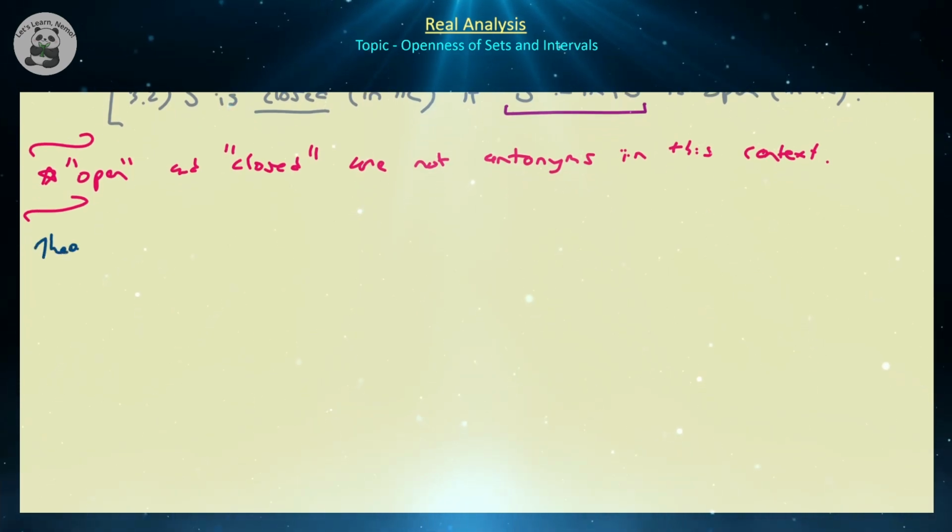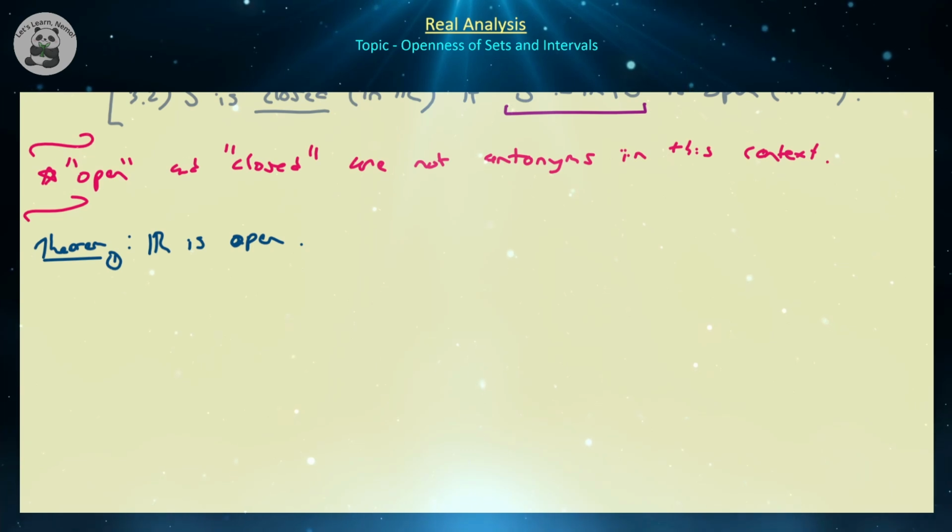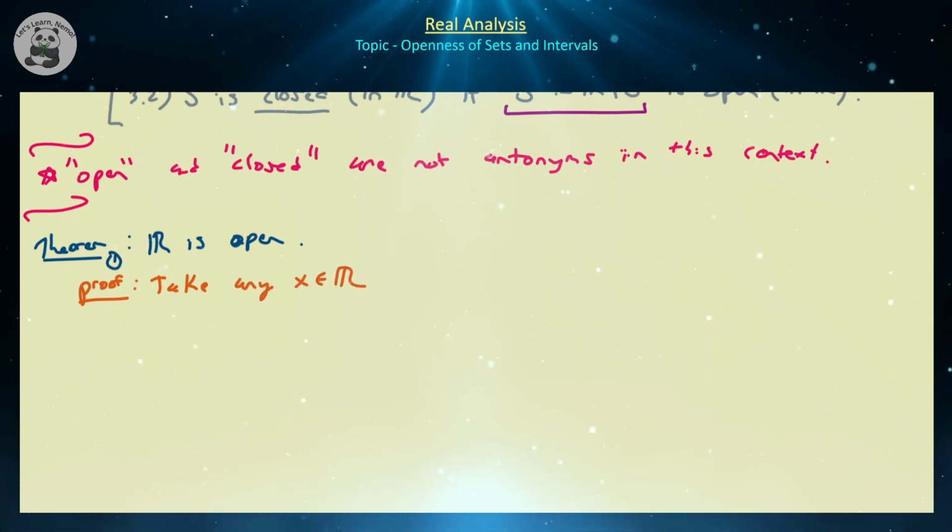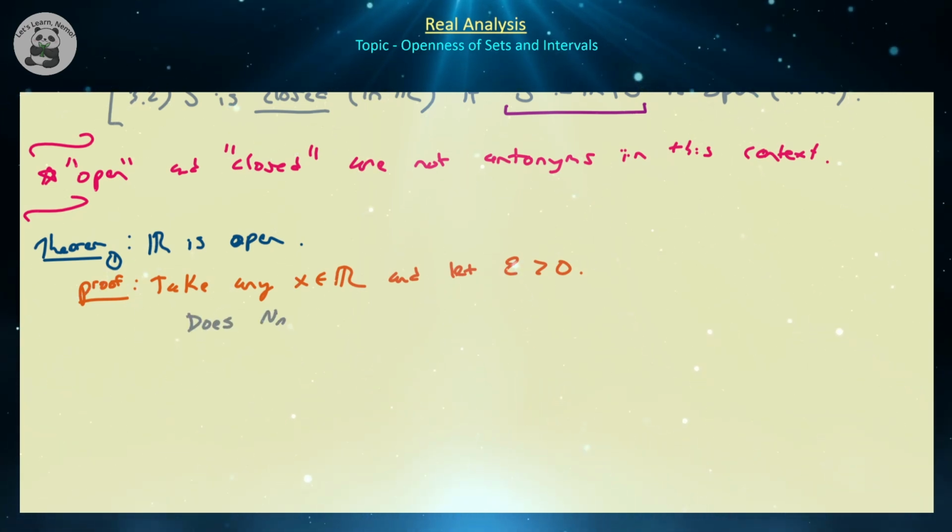All right, so let's start with the very important theorem that R is an open set. Right? So how are we going to prove that R, the set of real numbers, is indeed open? So let's assume that we take an arbitrary element, in particular any x, in the set R, and we're going to let epsilon be an arbitrarily small but positive number. So the question we want to answer is, is N subscript epsilon of x always a subset of R?